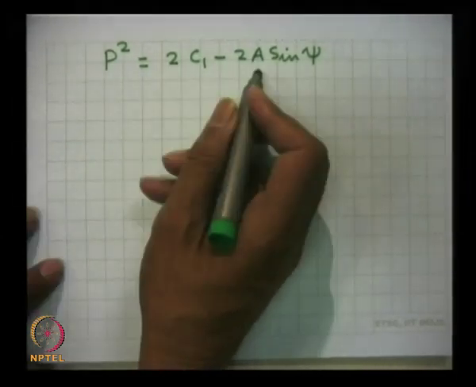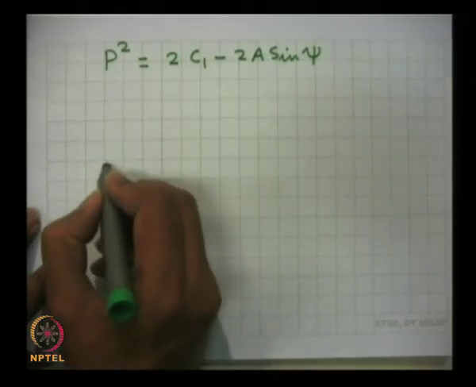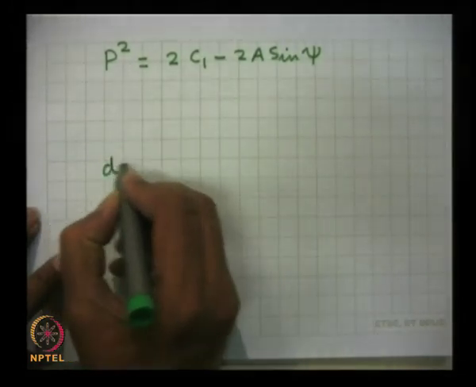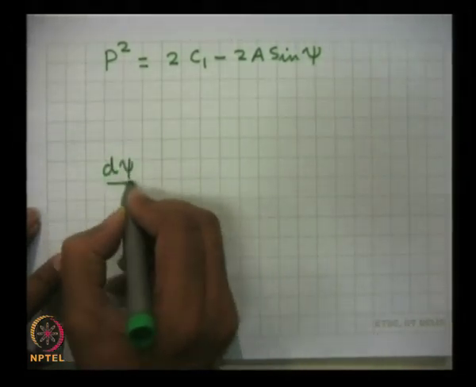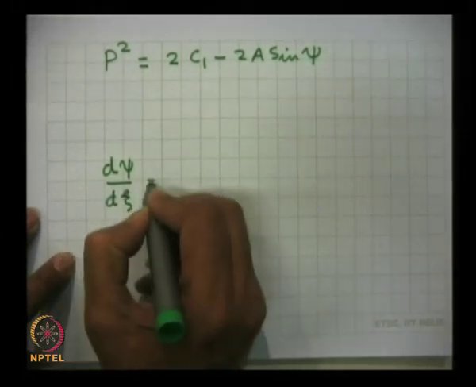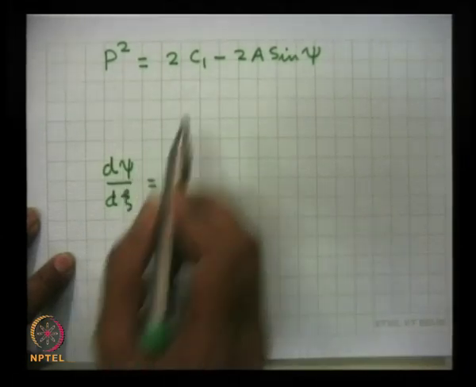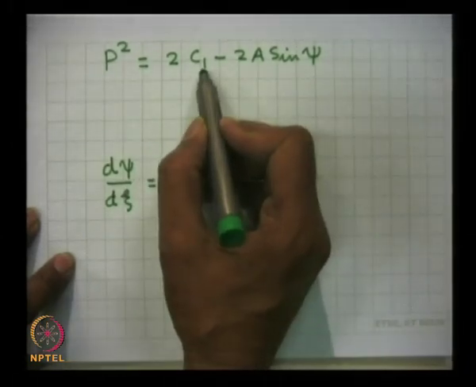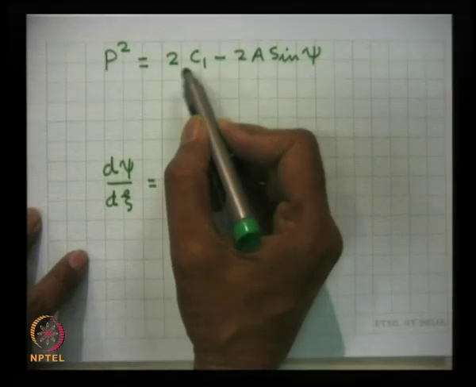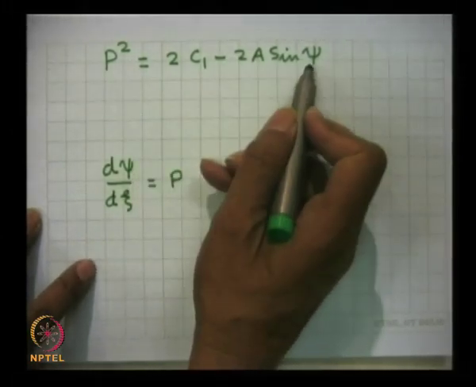But this equation I have to solve in conjunction with the equation for phase evolution, which is d psi by d xi is equal to P. And it will be better if I write this C1 in terms of initial quantities, the initial momentum or energy of the particle, and the initial phase.